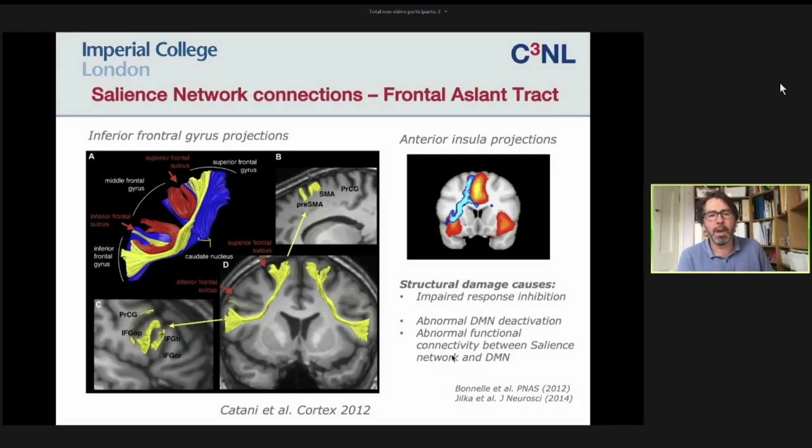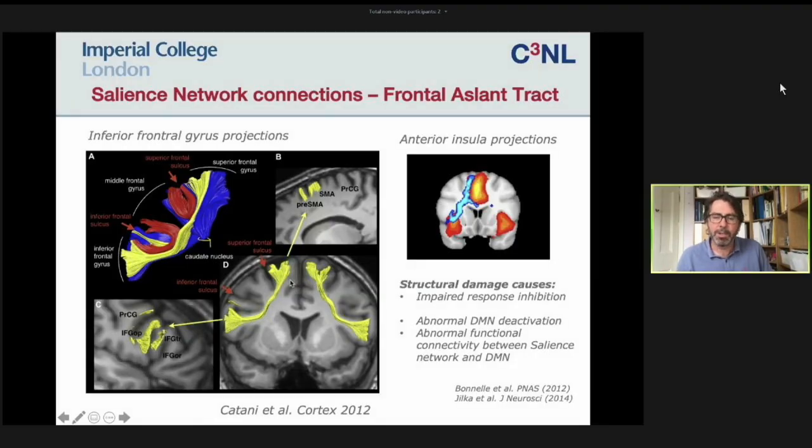So we know that the connections of the salience network are important for its function. And one particular tract, the frontal aslant tract, connects parts of the inferior frontal gyrus, and also beneath it the anterior insula, to the pre-supplementary motor area and the anterior cingulate cortex.